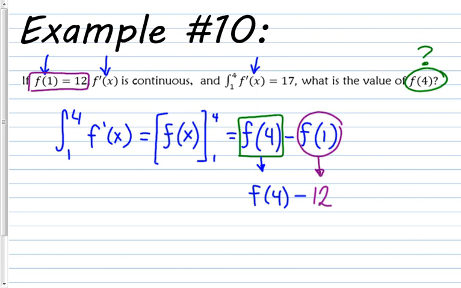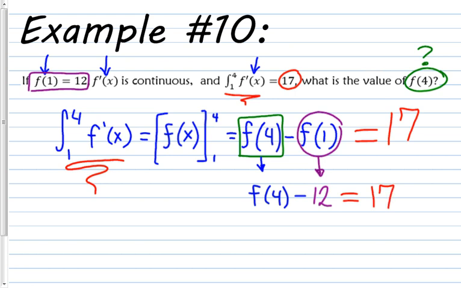And last piece of information, they did tell me that my integral is equal to 17. So this is equal to 17. Do a little math. Add 12. Add 12. F of 4 equals 29. Okay, the 29s were a coincidence. No big deal.